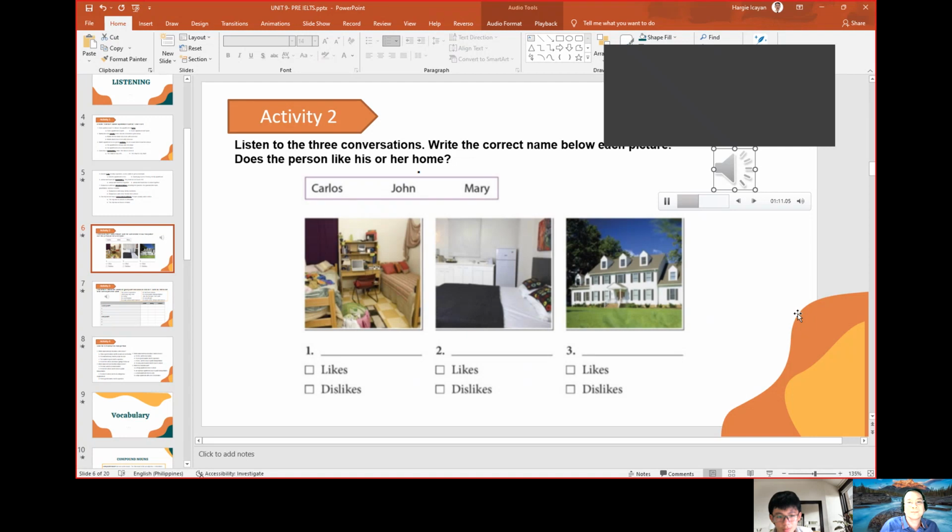2. Mary, where do you live? I live in a studio with my husband on First Street. How is it? It's great. It's a studio. Is it really small? Yes, it's pretty small, but it's very comfortable. What do you think of the location?